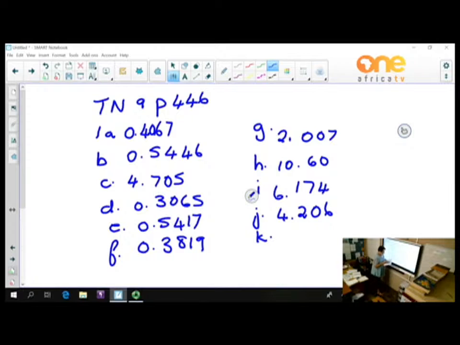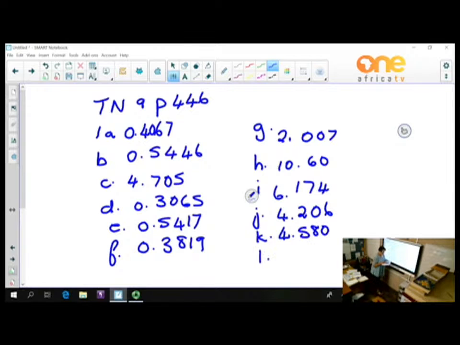K, 5 times tan 61 is equal to, or you'll have to use brackets now, divide by brackets 2 times cosine 10 close is equal to, and I got 4.580, rounding again.